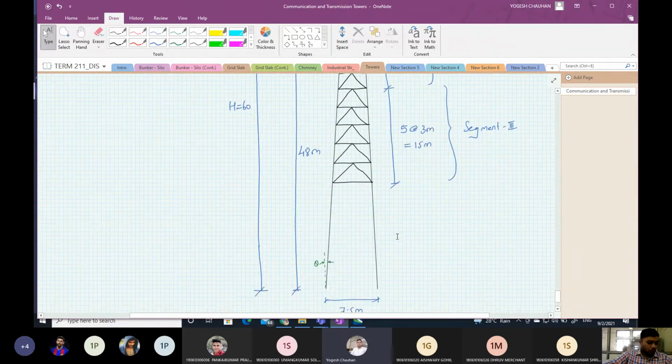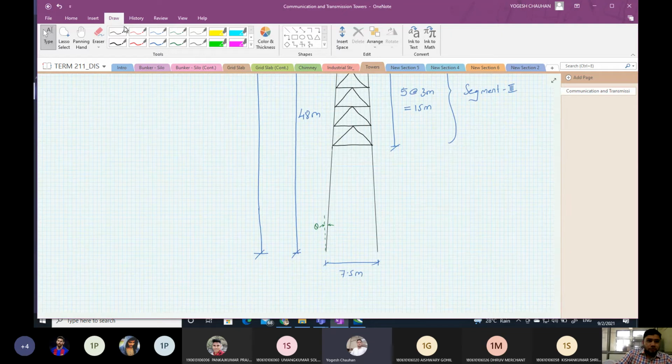And for the remaining, let us assume four panels of 4.5 meter, which will give you a total of 18 meter. So we have the remaining 4 panels.